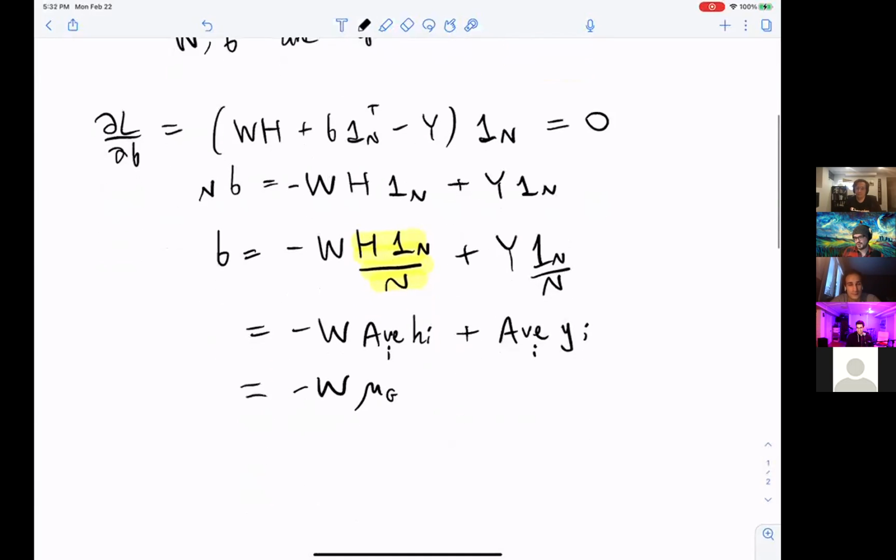And also, we want to replace the average over y_i with a simple thing. So what's the average over y_i? Let us assume that the number of examples in all the classes is equal to each other.